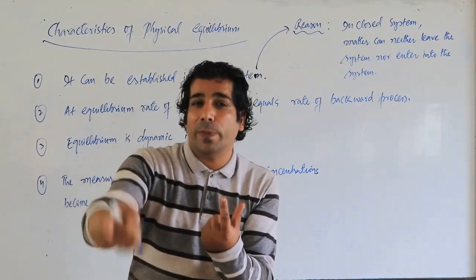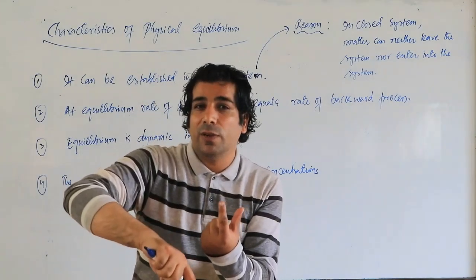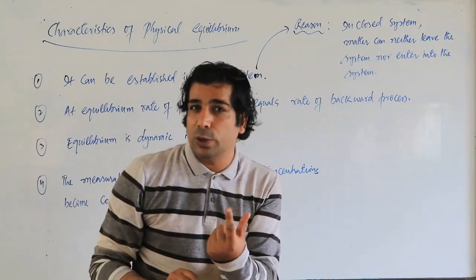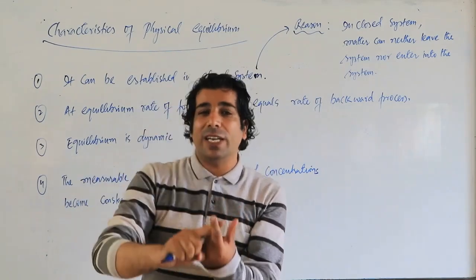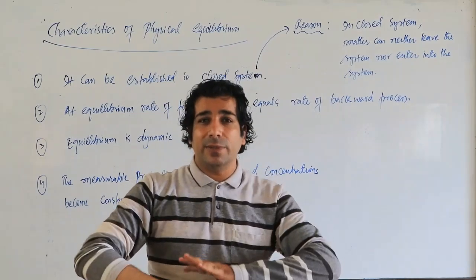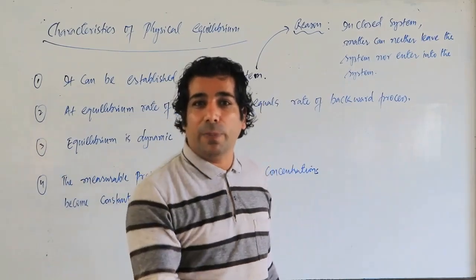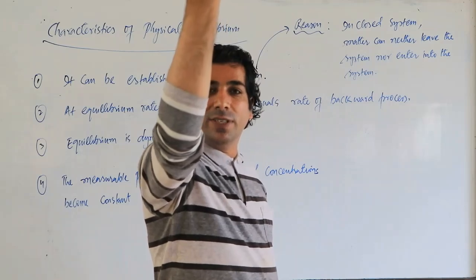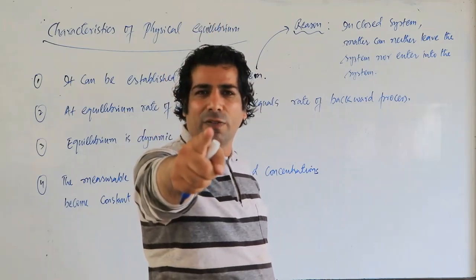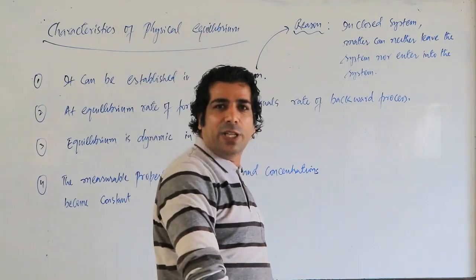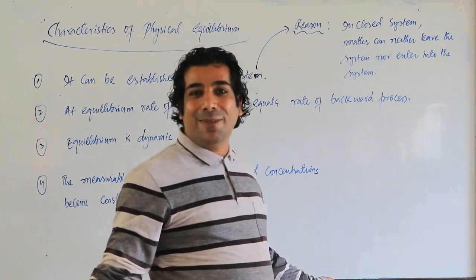Liquid changes into vapor, vapor changes back into the liquid when there is a liquid-vapor equilibrium in a closed system. Let us suppose liquid is changing into vapor and the system is open, then what will happen? Vapors will run away from the system and there is no possibility of vapors changing back into the liquid. So equilibrium will not establish.